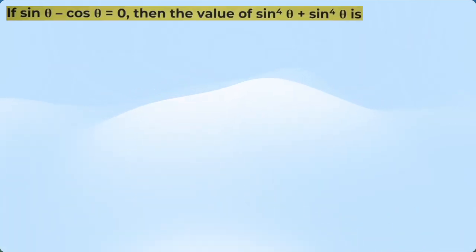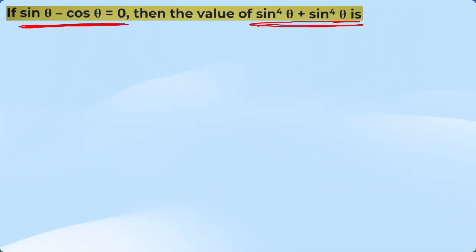See, what is given here? That sine theta minus cos theta equals 0. You have to find the value of sine 4 theta plus cos 4 theta. Now how to solve this?